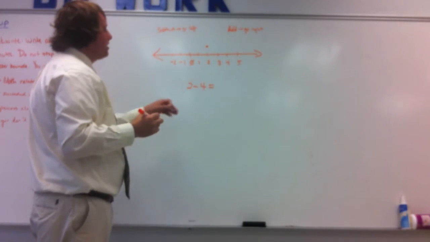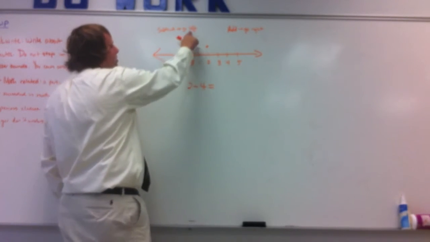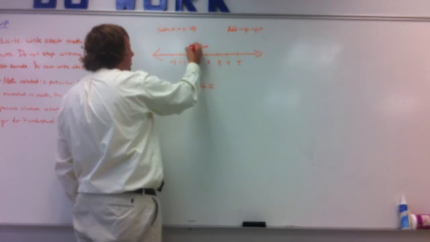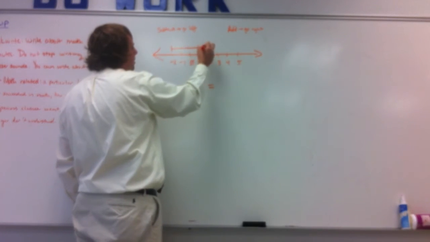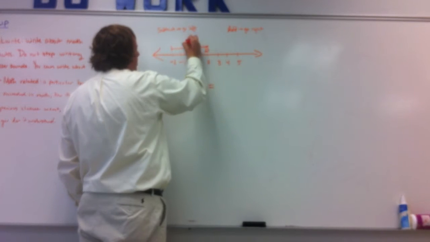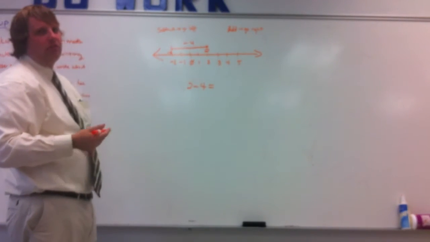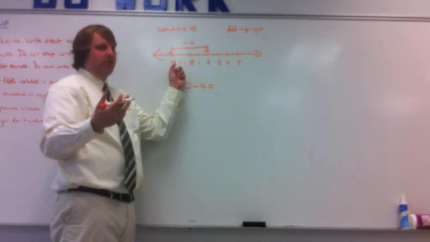And now we need to subtract 4 from 2. So when you subtract, you go left. We're going to go left 4. 1, 2, 3, 4. Draw your line. Started at 2. You subtracted 4. Now you're at negative 2.